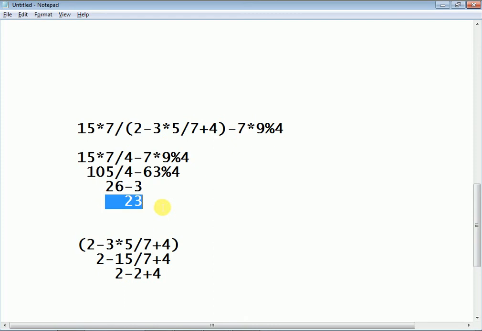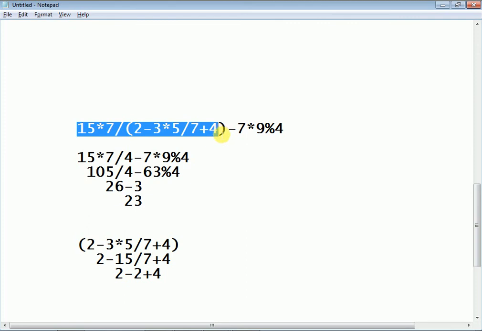You understood how to evaluate the expression? Now the result is 23. Whenever equal priority occurs, you have to evaluate the expression from left to right. That is called associativity. Whenever a higher priority operation is there, the evaluation is done based upon the priority.